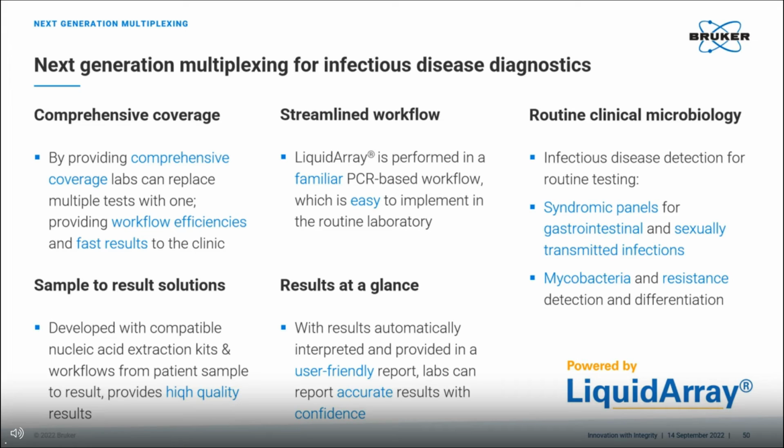Shown also here that we've developed this with compatible nucleic acid extraction kits and workflows, taking you from patient sample to results with very high quality. And obviously providing these results at a glance in a user-friendly report so that you can report accurate results with confidence and without any need for user interpretation.